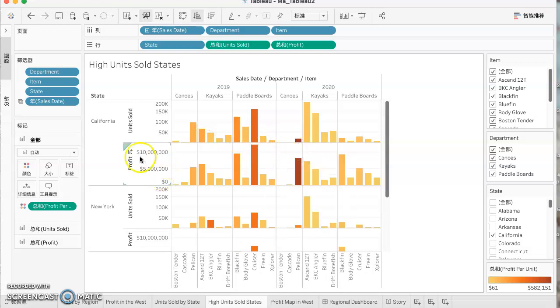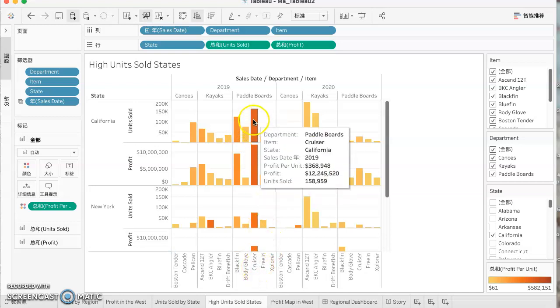However, its profit is a lot higher. And I think the reason is that its profit per unit is high. This rule can also be applied to other items.